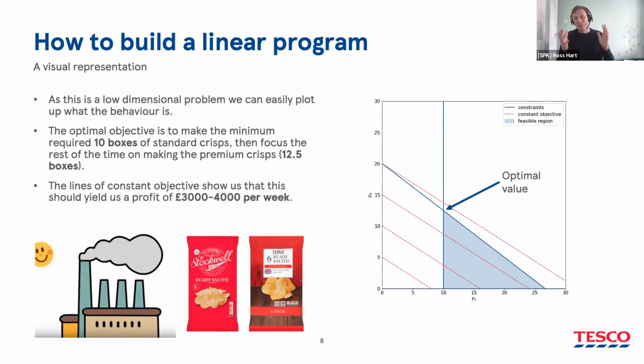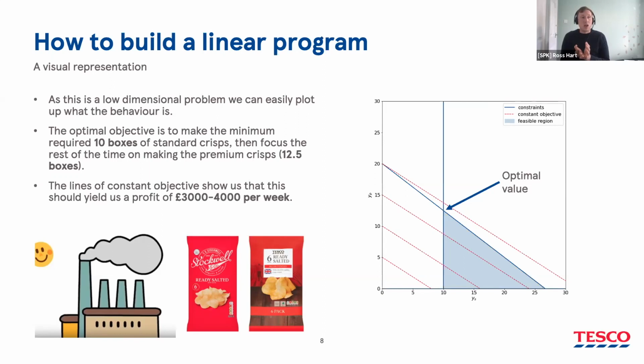Now, this was a simple problem, but this is something that's really, really key in linear programming: even though this is a simple problem, no matter how complex your problem gets, the optimal solution value is mathematically proven to always be at one of the vertices of your search space. So this is how the simplex algorithm does its work effectively.